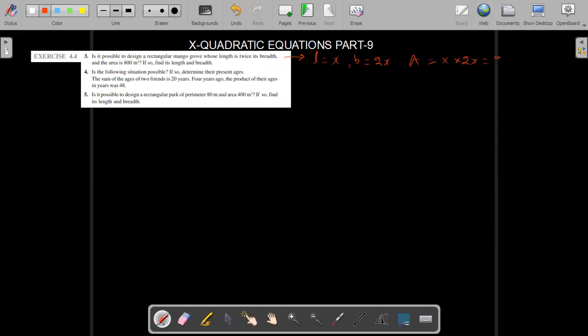So that is equal to 2x square. But area is given as 800 meter square. This is replaced by 800 is equal to 2x square. So x square is equal to 400.